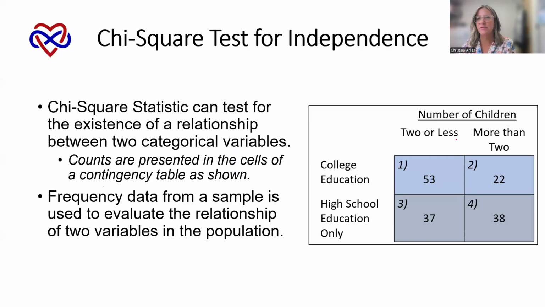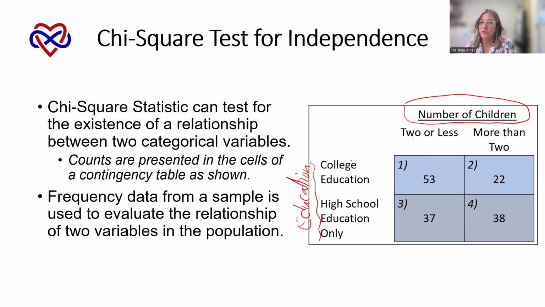Specifically, we have the number of children, which is our first variable, but education is our second variable. So it should probably have over here education, like that second overall variable.